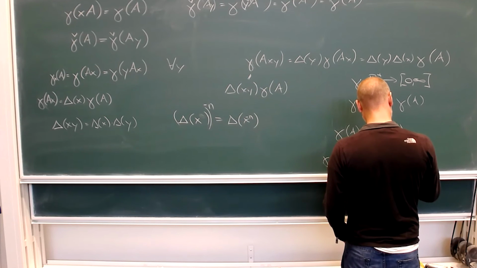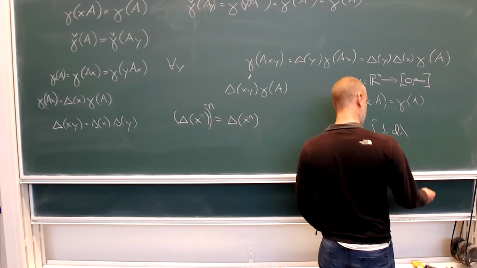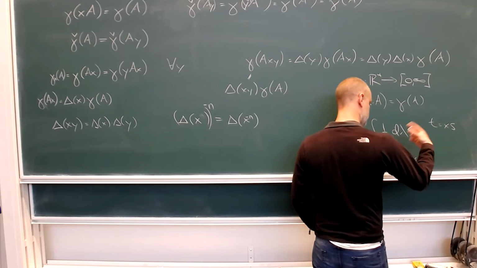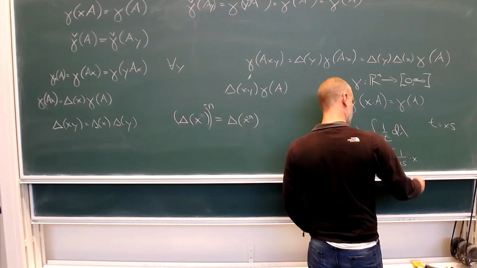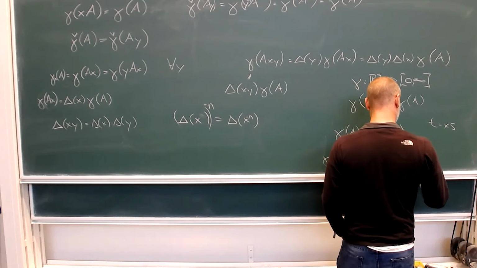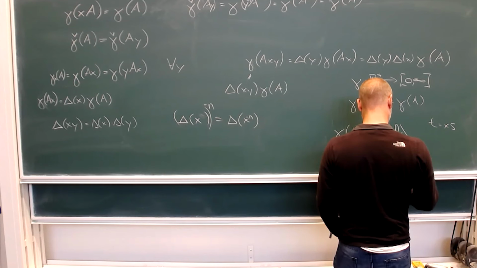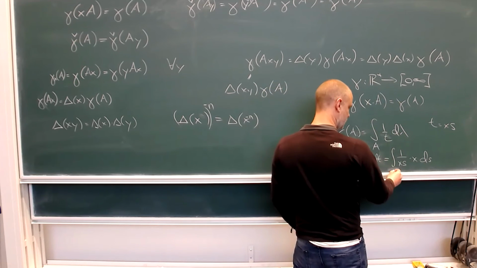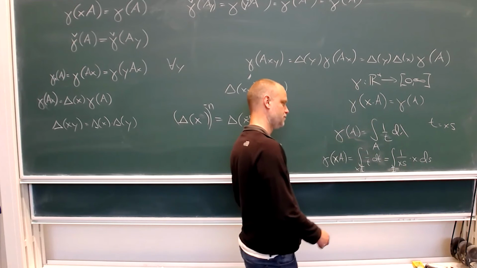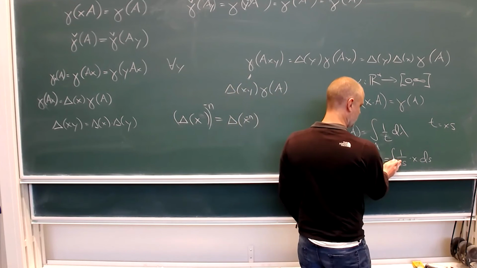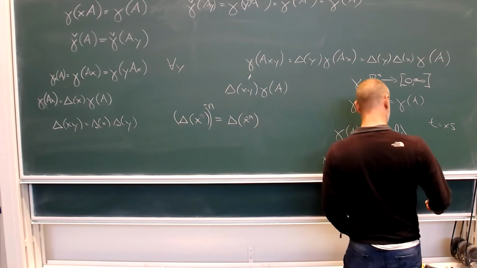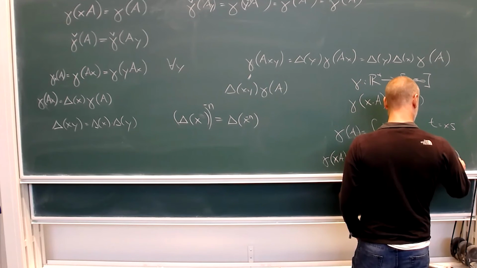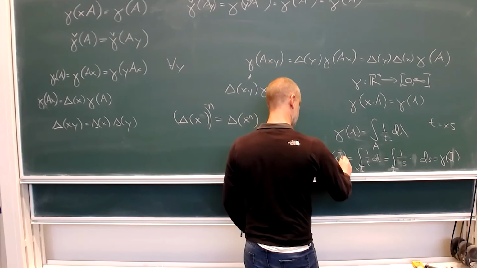My new variable will be s, with t equal to x times s. Then the inner derivative is x, so dt is equal to x ds. And if I want t to be in x times I, then s needs to be in I. Now this x here and that x there disappear, and I get gamma of I. Nice.